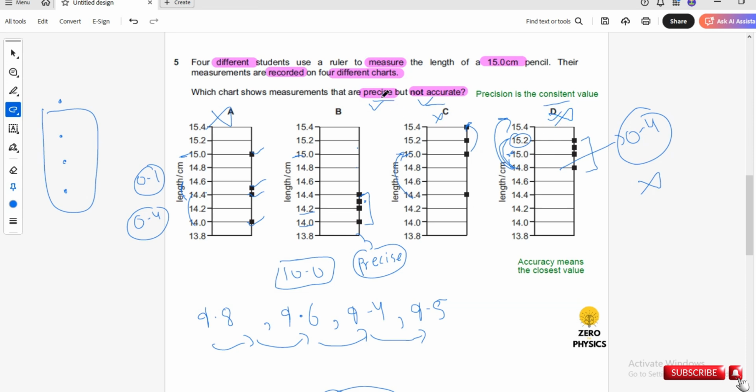So what is the best answer fitting this condition? It is B, because B is precise and not accurate. As you can see, the values are not close to 15, but they are close to each other, which means they are precise. Got it?